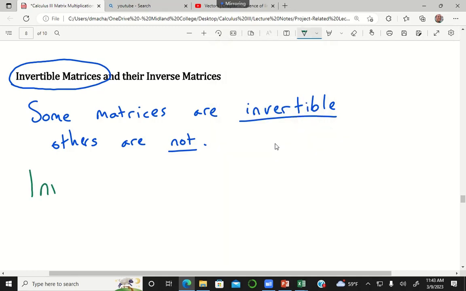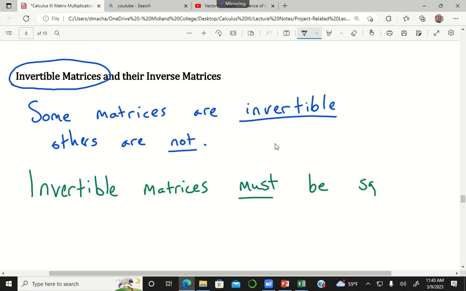And by the way, invertible matrices must be square. So if you have a rectangular matrix where the number of rows doesn't match the number of columns, then it automatically cannot be invertible. If you have a square matrix, it could be invertible, but it's not always necessarily invertible.